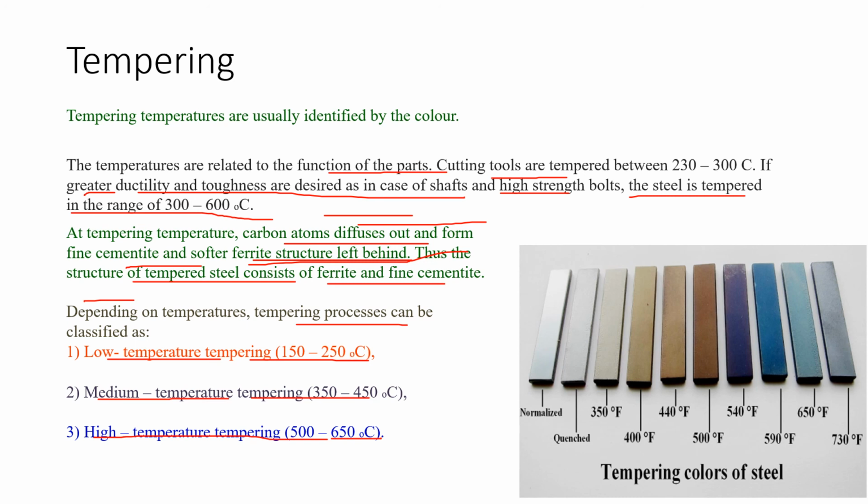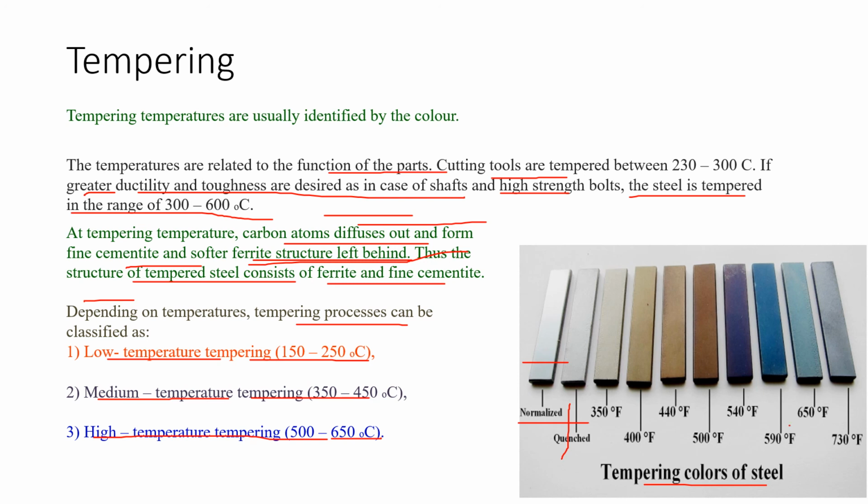These are the types of colors for the steel. The normalized color is this one. The quenched color is this one.